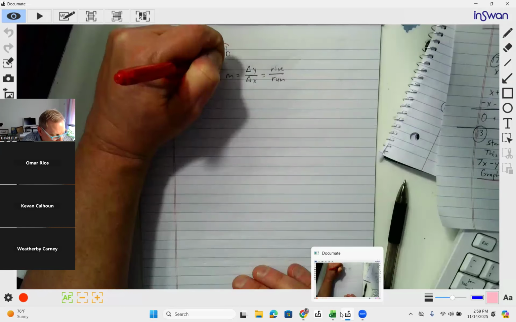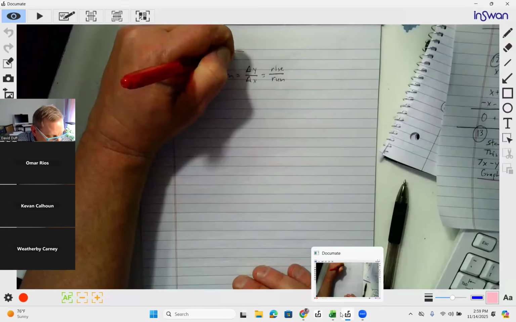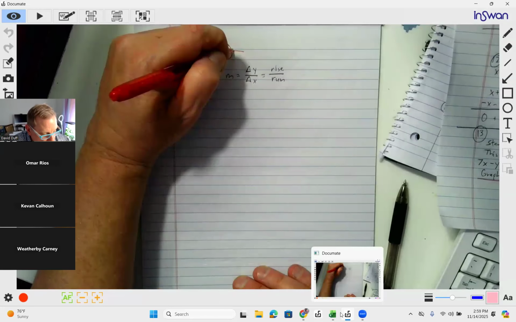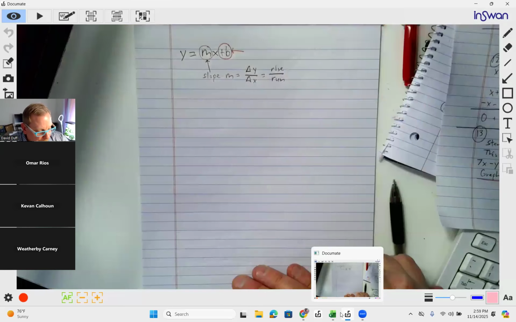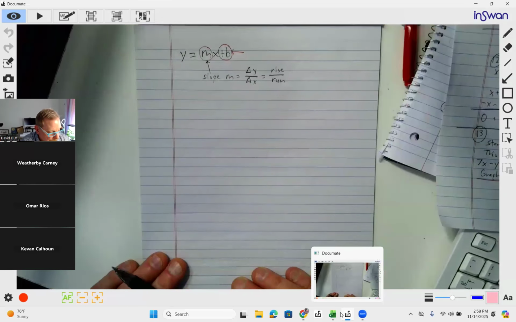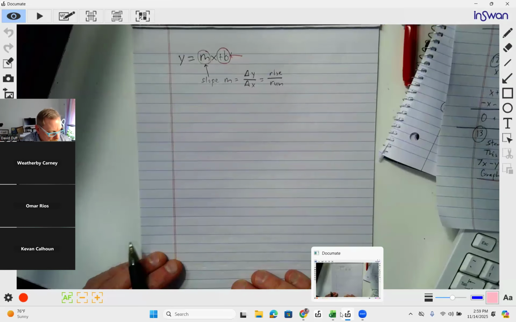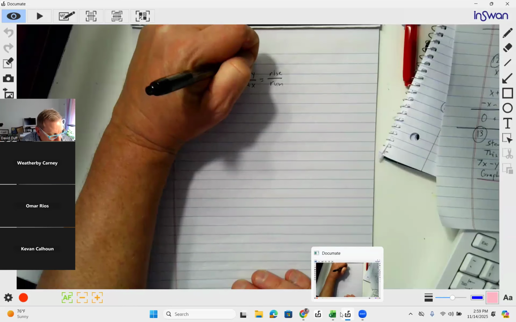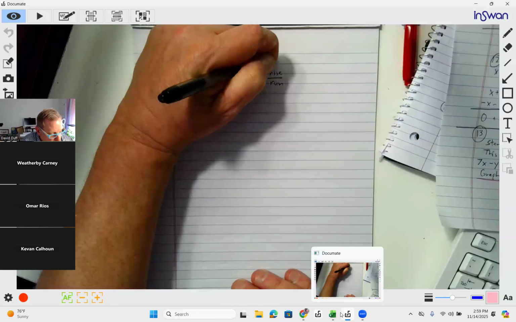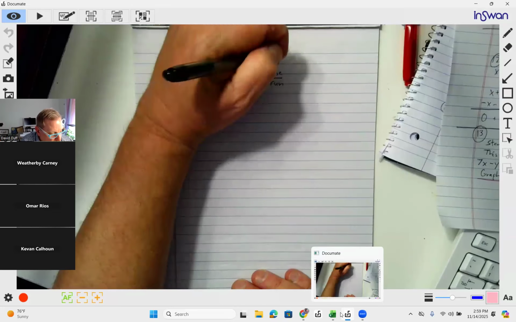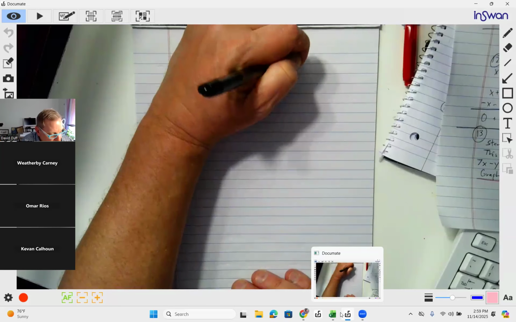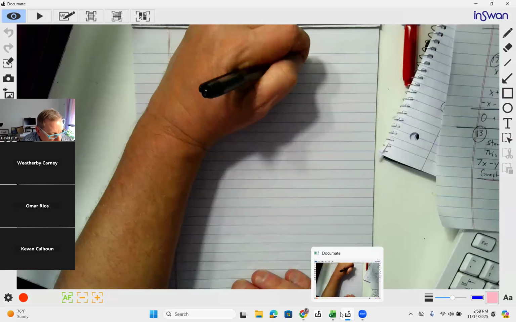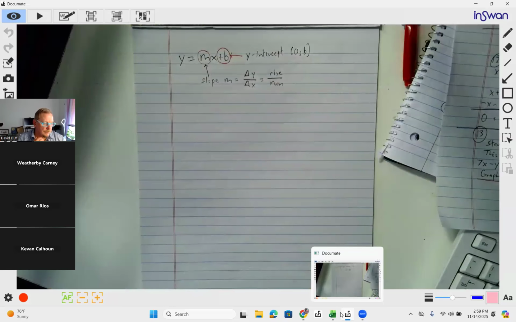What does b tell me? That's the y-intercept, right? Or more specifically, it's the y value of a y-intercept. Every y-intercept has an x value of 0.